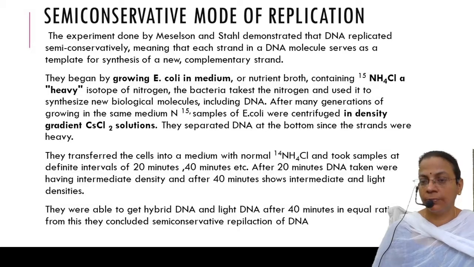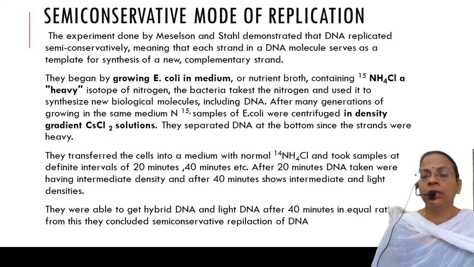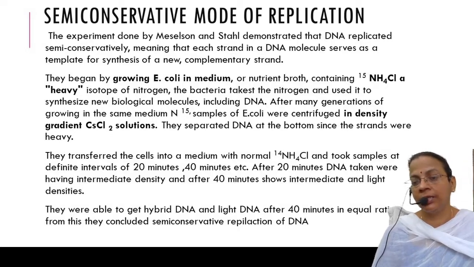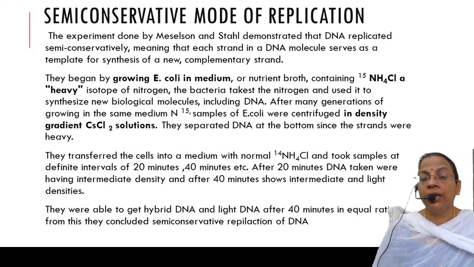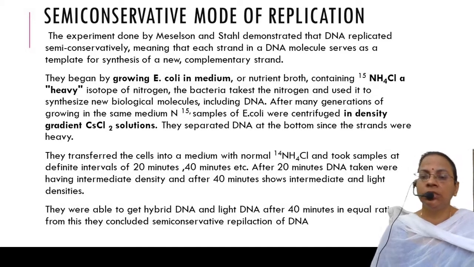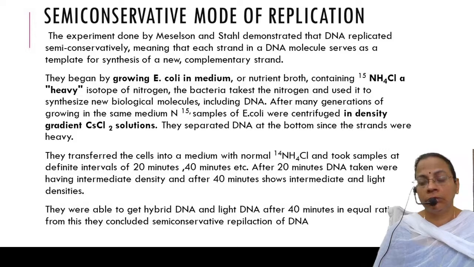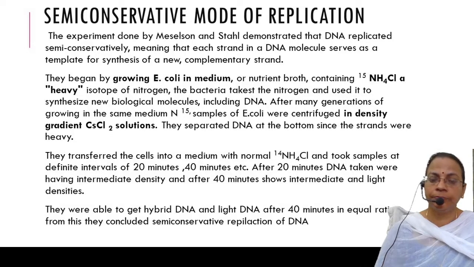Then after that, they transferred a group of that N15-grown culture into another medium which contained normal ammonium chloride. That means N14, which is light compared to N15. And at every 20 minute interval, they took a sample and subjected it to density gradient cesium chloride centrifugation.